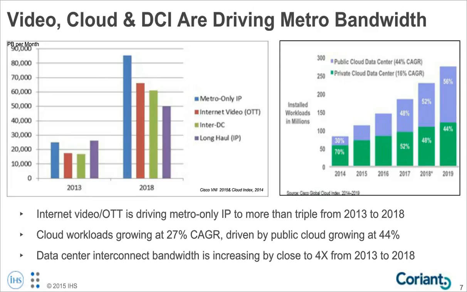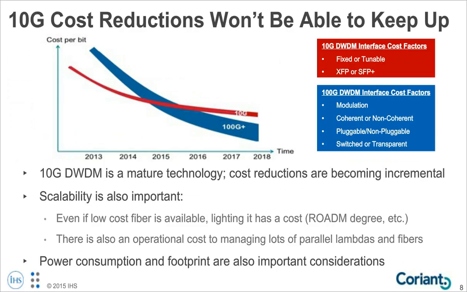Okay, so that's kind of the good news. We're seeing tremendous traffic growth. The issue is this: 10 gig has really been the workhorse of the metro. It's driven very nice cost reductions year on year as volumes have increased, and as we've moved to pluggable technologies, first XFPs and now SFP pluses.